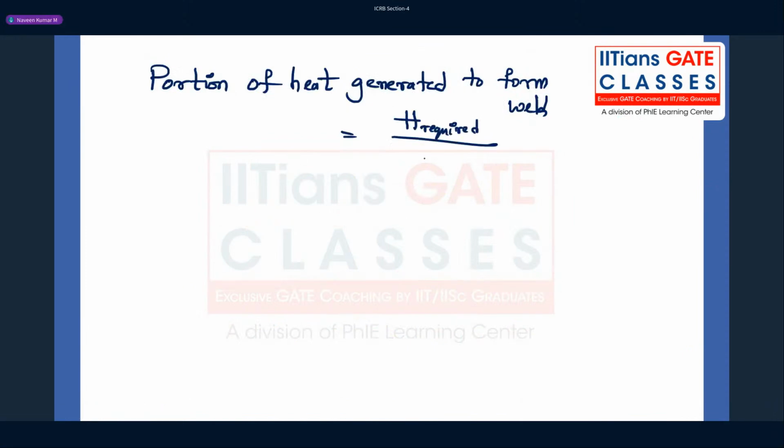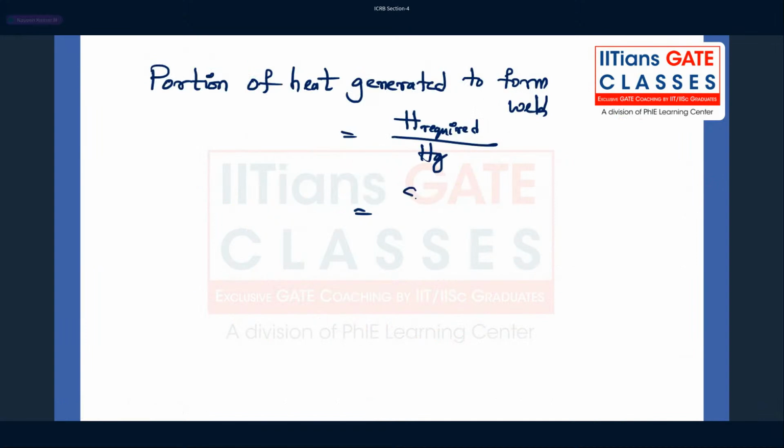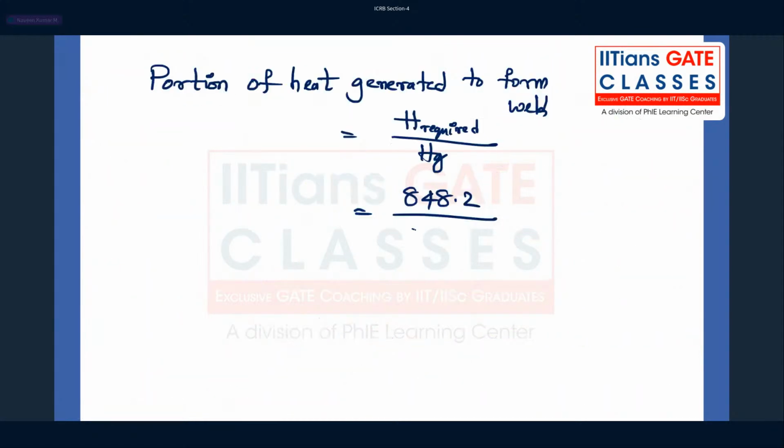by heat generated. Heat required is 848.2. Heat generated was 2880. So into 100 you can do for the percentage, right?